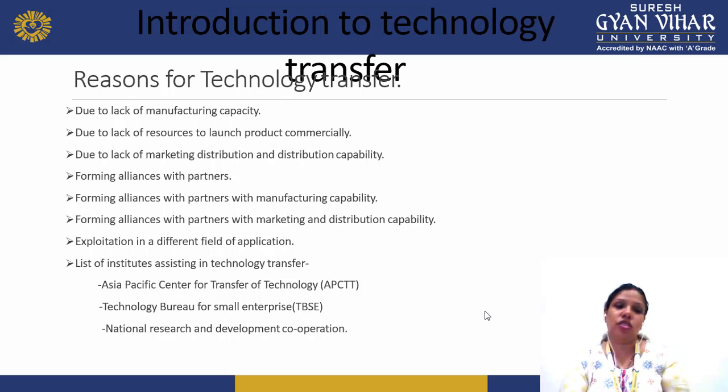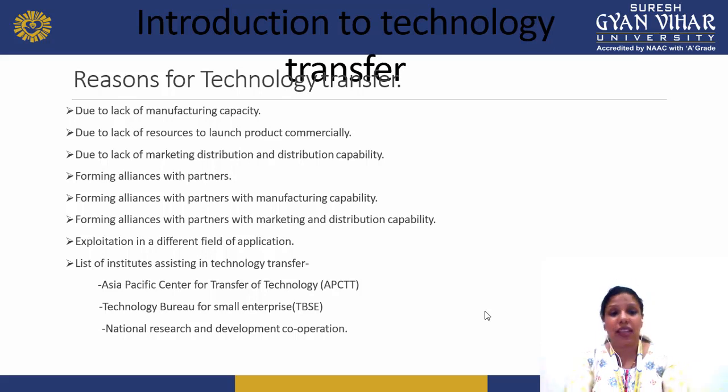Okay, so the first thing is, due to lack of manufacturing capacity, we need to transfer the technology from one company to another company. Second is due to lack of resources to launch the product commercially. This is very similar. In the first point we only discussed manufacturing capacity, but there may be other resources also.